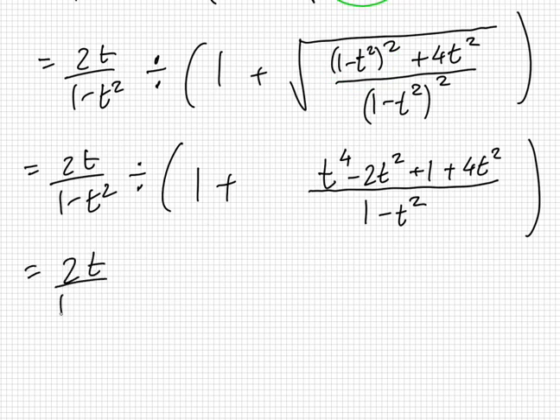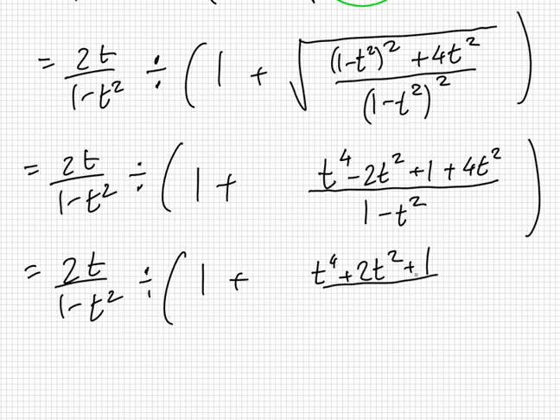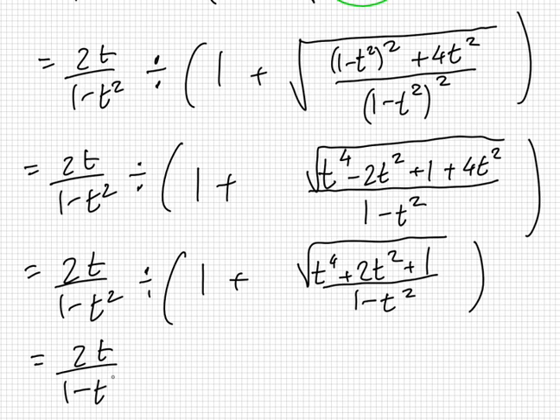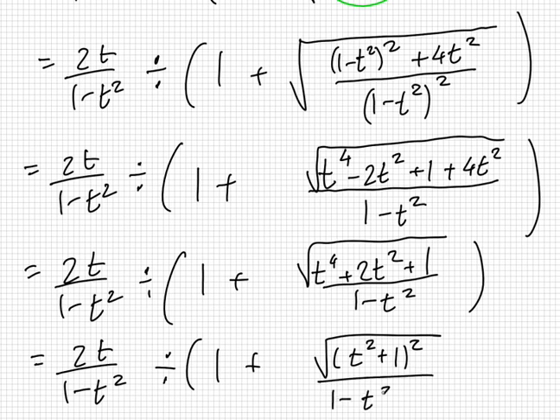That's 2t over 1 minus t squared divided by 1 plus square root of t to the 4 plus 2t squared plus 1 all over 1 minus t squared. Sorry, I dropped my square root there on the top. And if you look here, this is actually the same as t squared plus 1 squared, square root, all over 1 minus t squared.